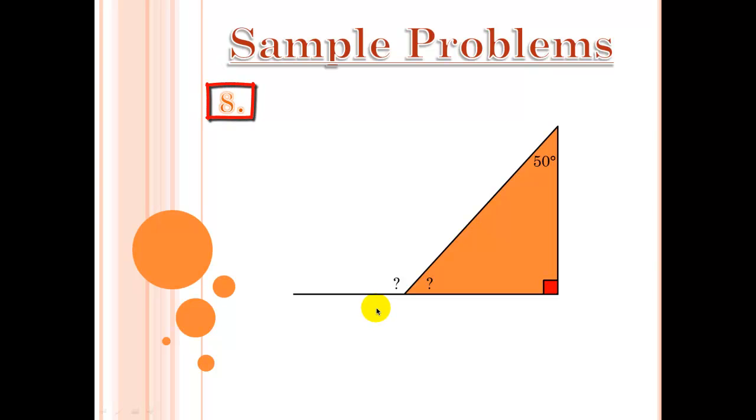Sample problem number 8. We are going to try and solve this angle and this angle using what is called the exterior angle theory and a known theory that we went by before, which is the supplementary theory. But first we must use the exterior angle theory of a triangle. So what we have here is a 90-degree angle, which is a right angle, and this is 50 degrees.